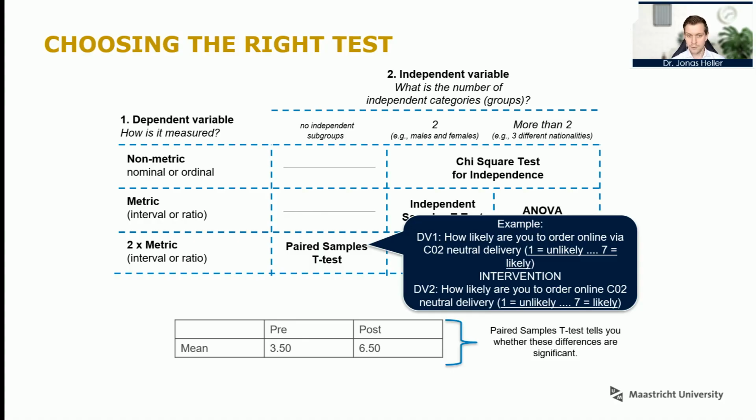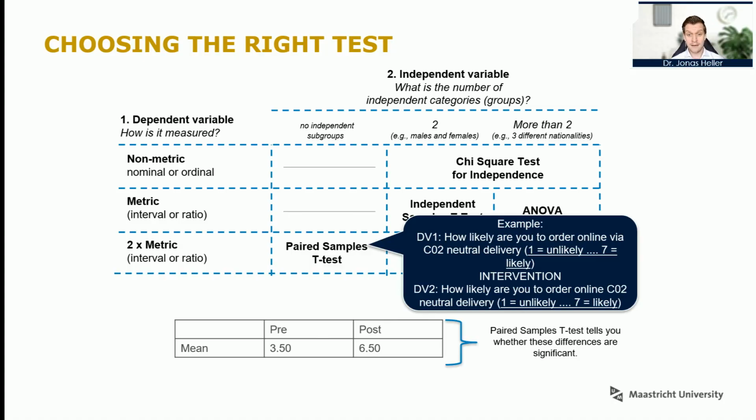Our participants score 3.5. Then we show our participants a video about pollution and CO2 emissions and how each customer that orders online has an effect on global CO2 emissions. And then we ask them the same question again.